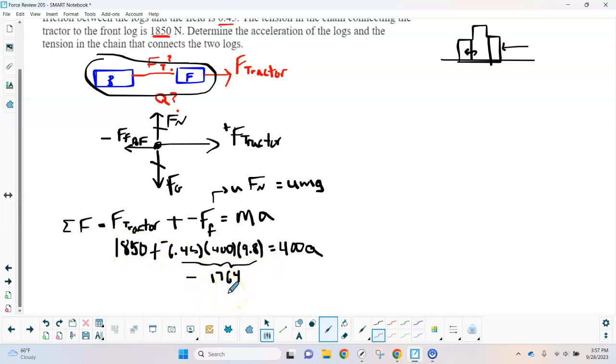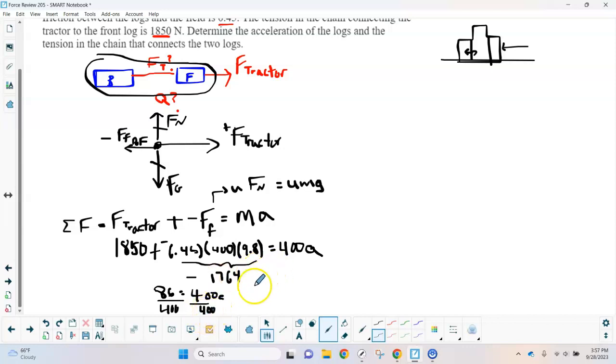So if I subtract 1850 minus the 1764 number, you get 86. So we got 86 equals 400A. You divide both sides by the 400. And we get a pretty small acceleration, but they're pretty heavy logs.